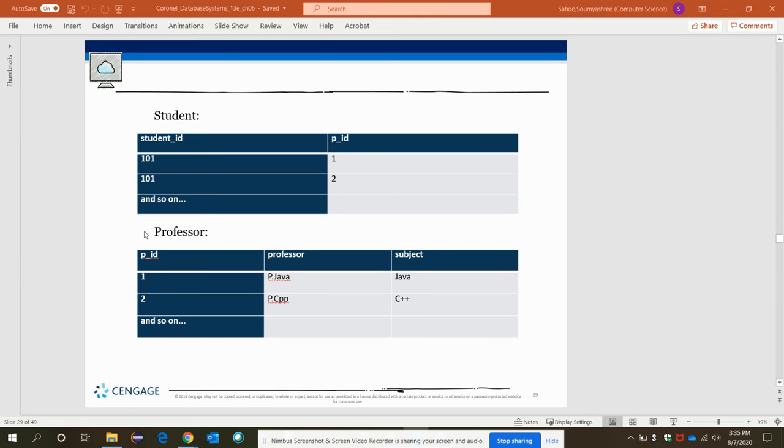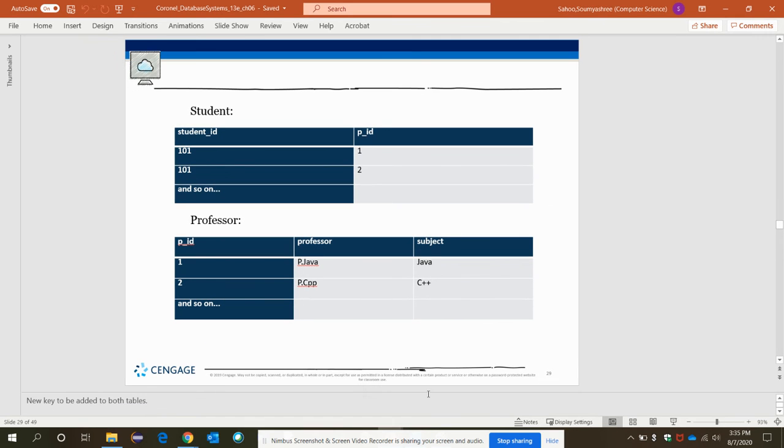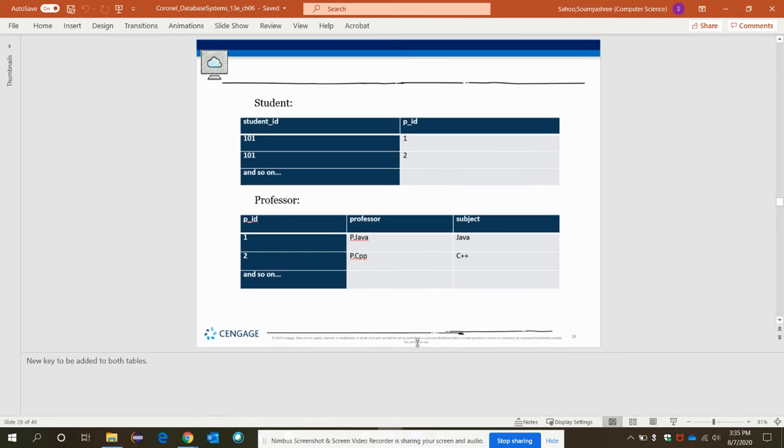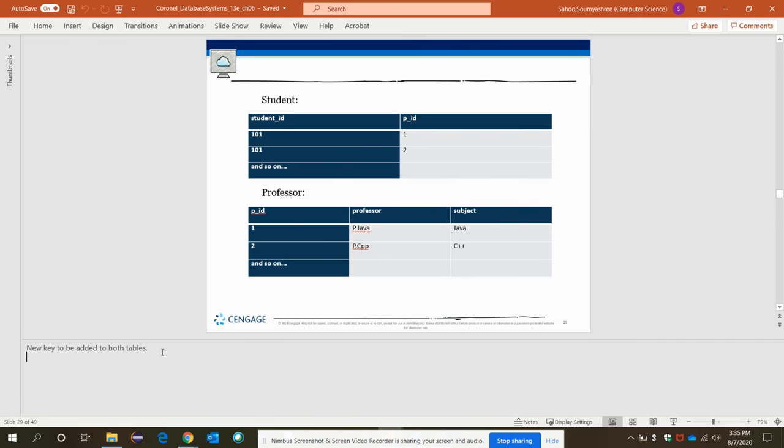A new key, the PID, needs to be added to both tables. Let me write it here, it will be easier.